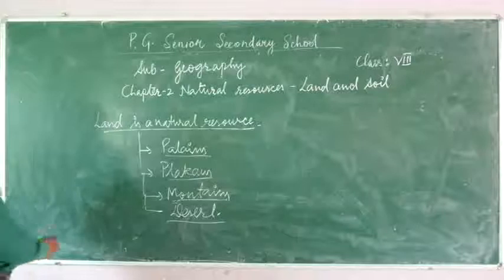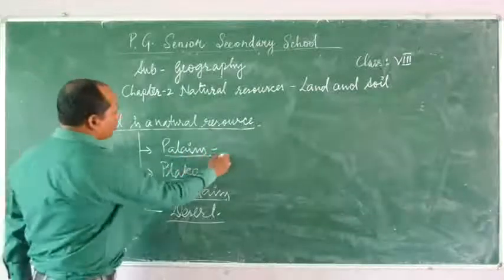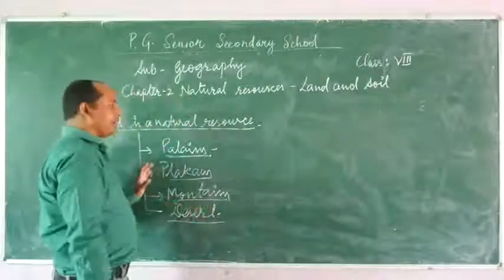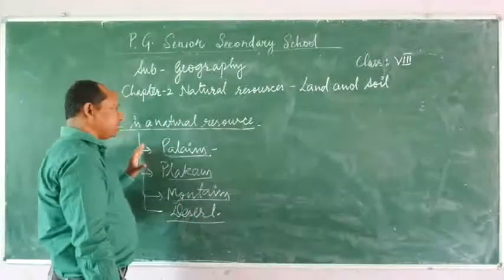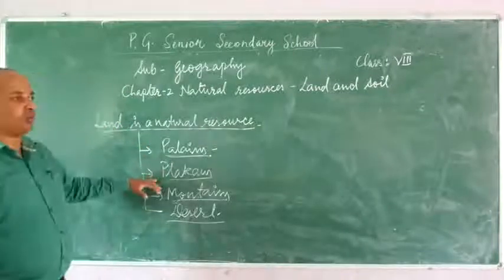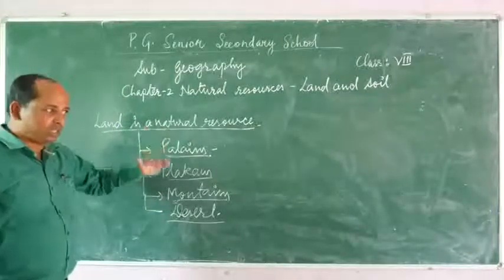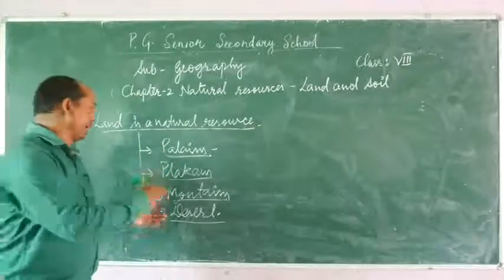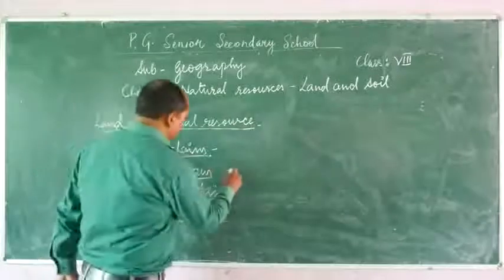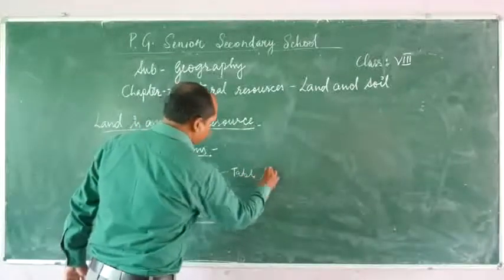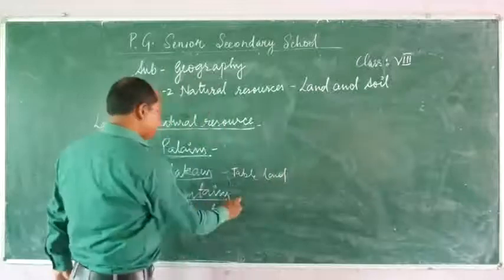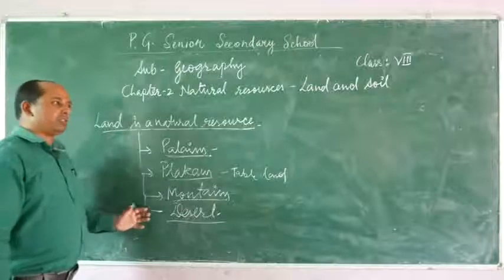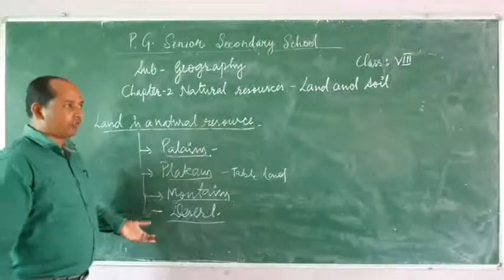We know well, plains are those areas where agricultural activities are very easy and fewer people live. Plateaus are those areas which are lower than the Himalaya, lower than mountains, and higher than the plain. That is why they are known as tableland. Mountains are those regions which are high terrain, and they are of great importance.